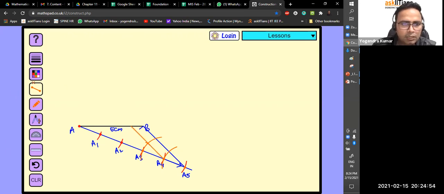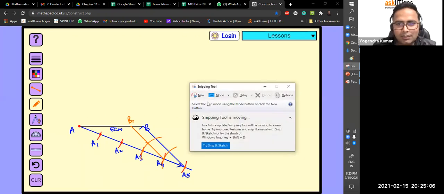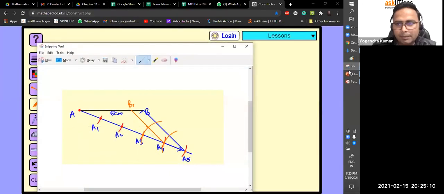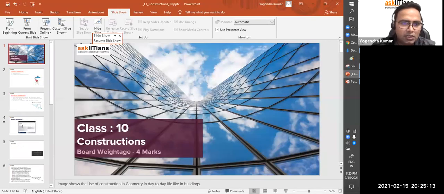I hope you got the idea. This is our B1 right here. Now similarly we can make more parts. We can make parallels here, and that's how we get it. I believe it is clear. This is what we need to remember. This is how we are going to do it.